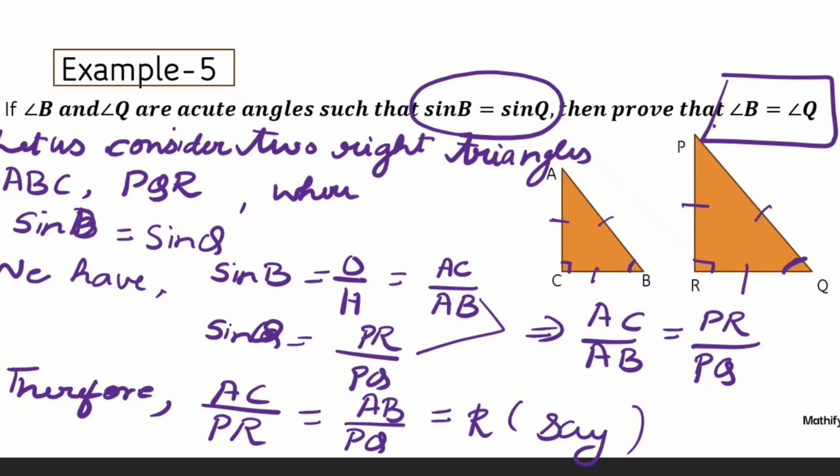Okay, now using Pythagoras, BC will be equals to square root of AB square minus AC square, and QR.